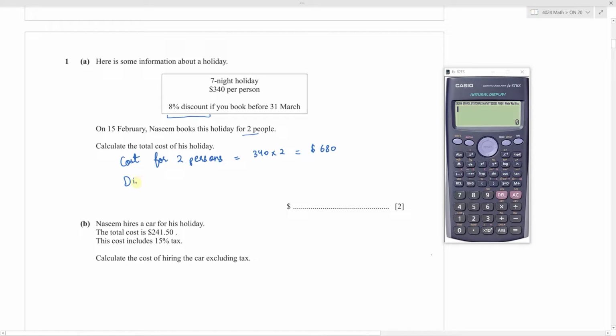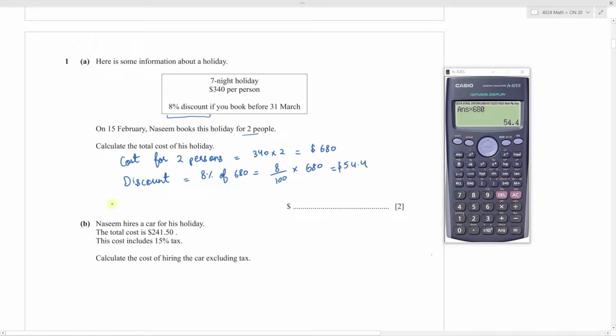Then you get the discount, which is 8%. So let's calculate the discount, which is 8% of the total cost, 680. This will be 8 over 100 multiplied by 680.